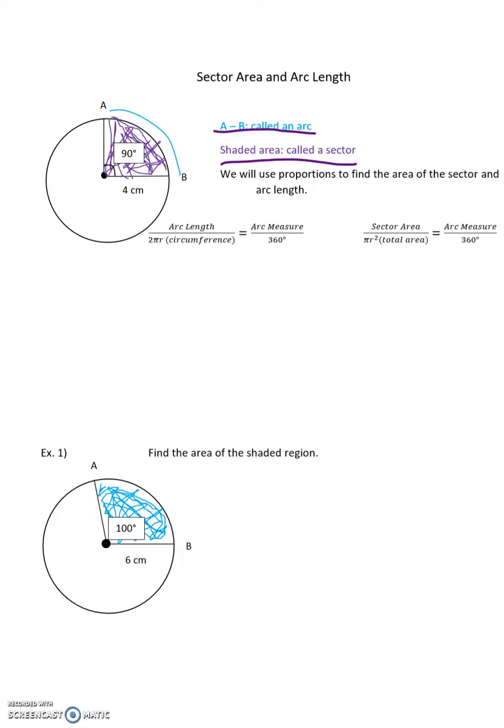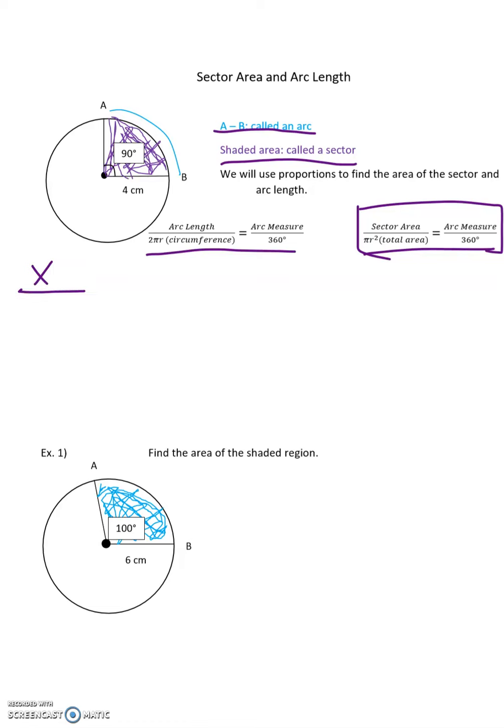And we're going to use these proportions that I have down here to find the area of the sector and the length of that arc. So using this first circle, I'm going to start my first example with finding the sector area. Our sector area, that's what we're trying to find, so that's going to be our x.